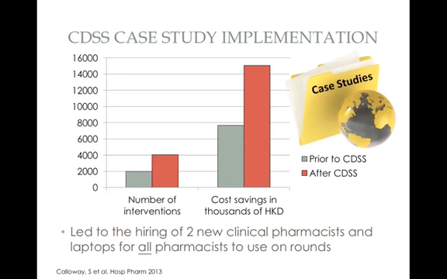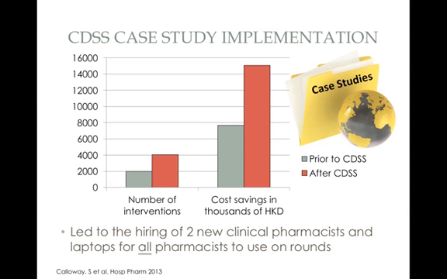Here is one case study of how implementation of a quality clinical decision support system affected the number of interventions and cost savings. The gray bars are the number of interventions and cost savings by clinical pharmacists in a hospital in San Diego before implementation of a CDSS.